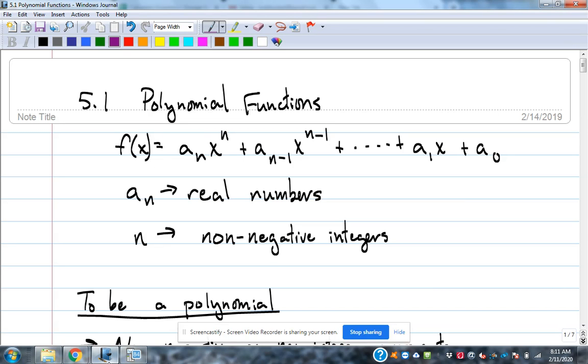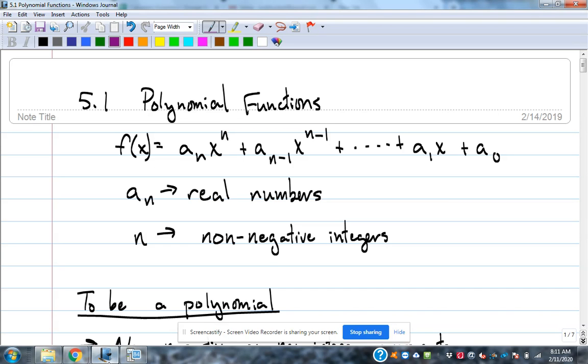We're just extending a lot of the things we do with quadratics into higher degree polynomials in the first part of this chapter. The a sub n are going to be real numbers, so our coefficients have to be real numbers. We need to keep that in mind as we'll play a little game in a second called Is It a Polynomial?